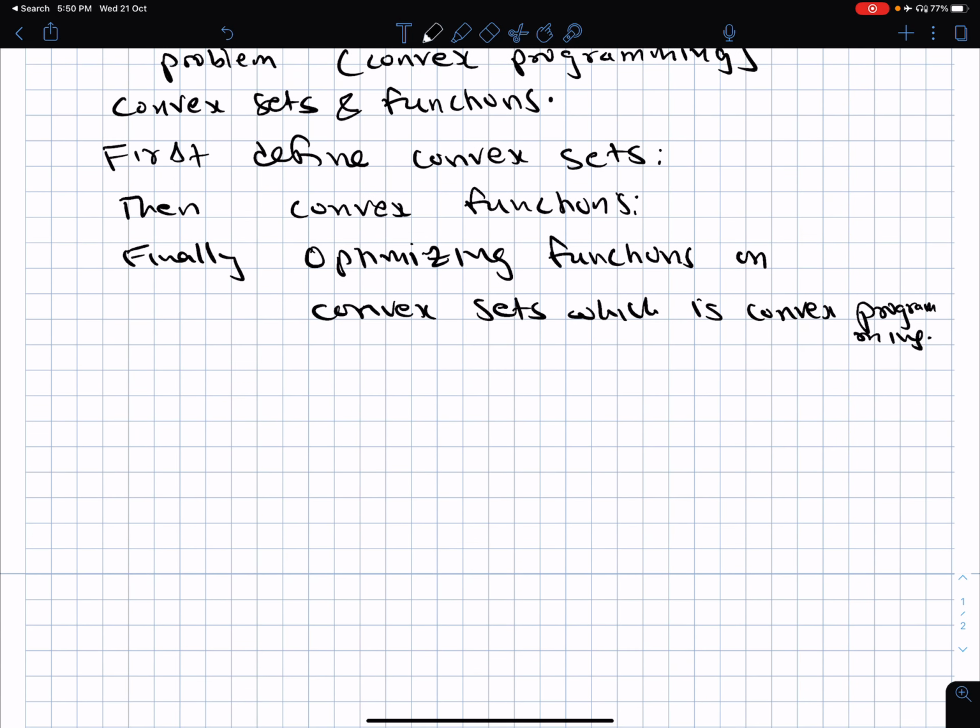So let's start with the definition of a convex set.